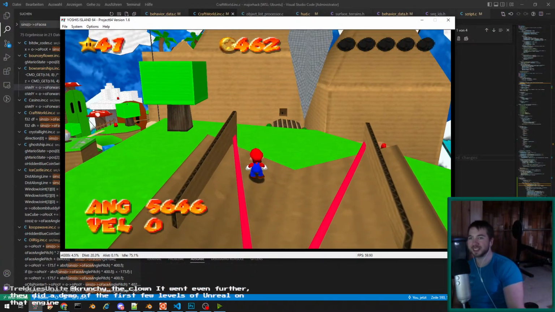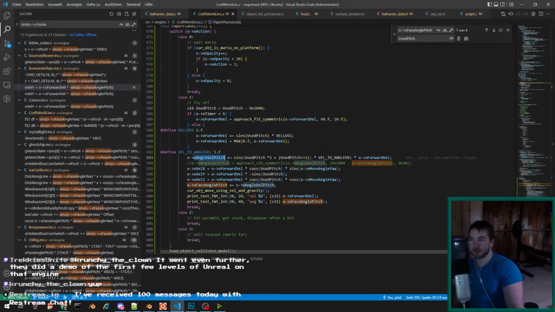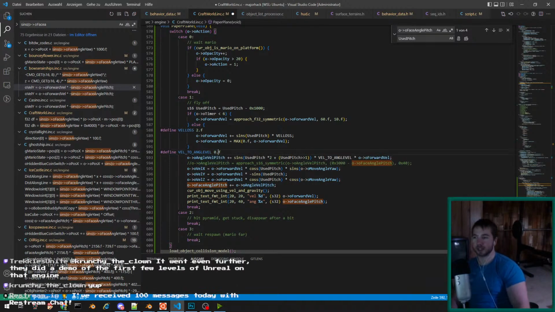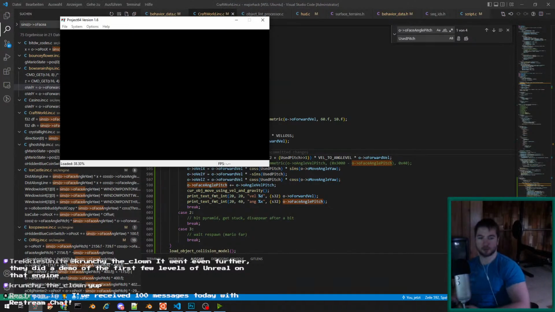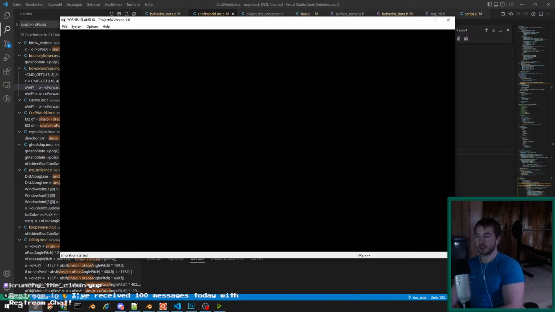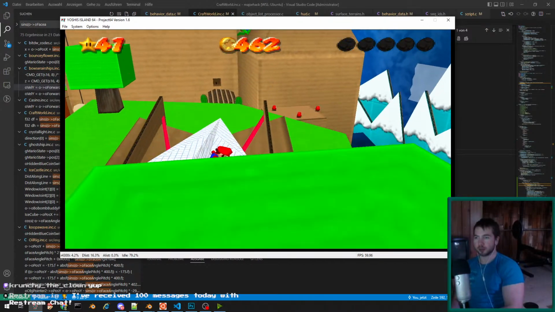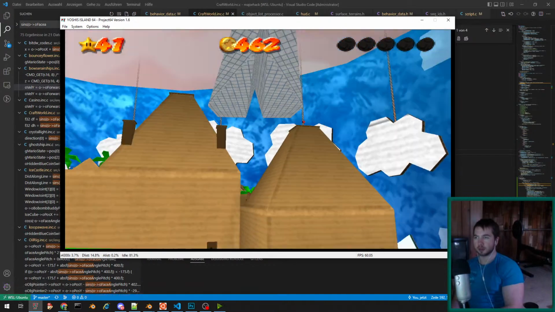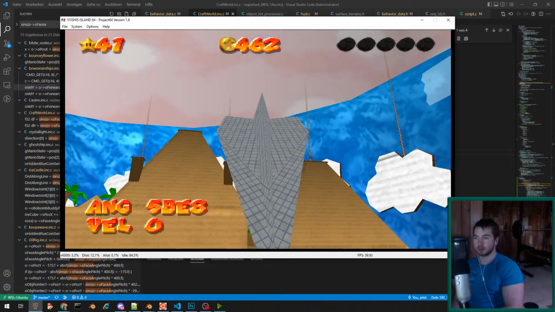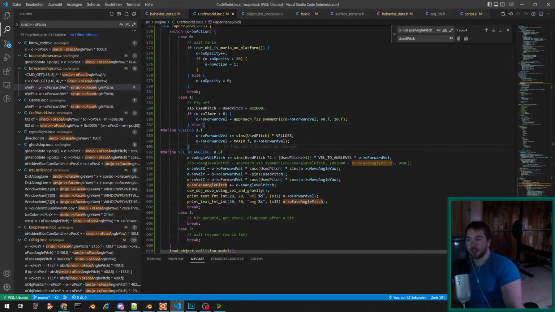What the hell? How is it still doing that? Is it because I'm doing it like too fast? What if I slow this down a lot? Because I feel like it might start rotating and then get pushed beyond the point of no return too fast. That was definitely a lot better.